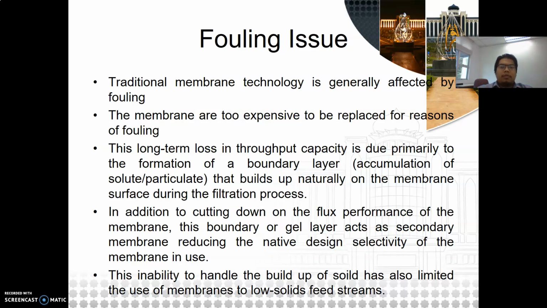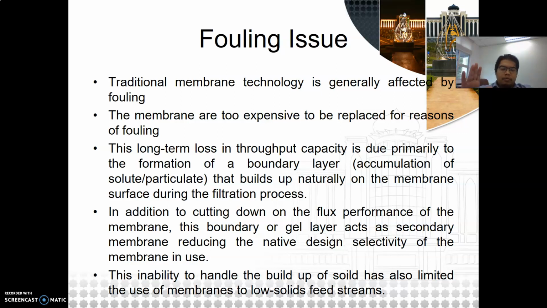Thus, we call it a fouling issue. This long-term loss in throughput capacity is due mainly to the formation of a boundary layer, or the accumulation of solid particles that builds up naturally on the membrane surface during the filtration process.